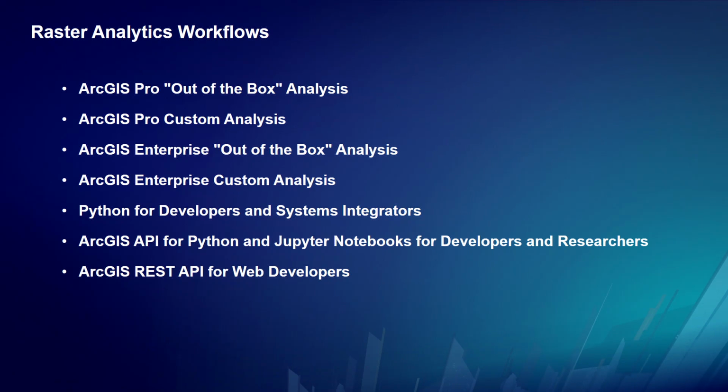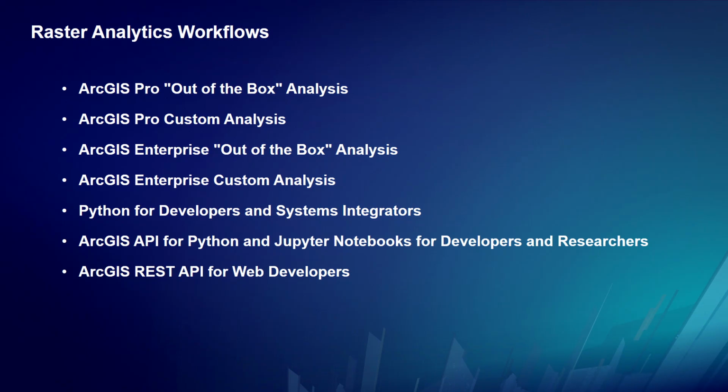You open up a web image layer and say, create me a new web image layer, and it all happens, and you didn't really design anything, you just used things that were already there. An example of that might be, I want to run NDVI at scale on a large raster or a collection of rasters. Because we already have an NDVI function, you would just submit it to the server and process it. So that's the out-of-the-box analysis.